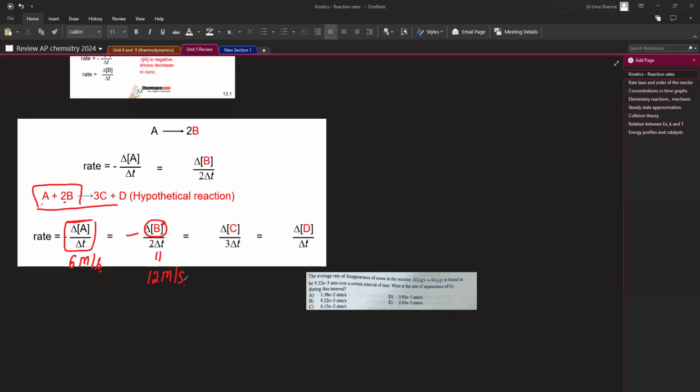Yes. Here also, if you take this 2 on the other side, you can see the coefficient 2 here. When I take this 2 on the other side, it will be 12. What is the rate of appearance of C? 18 molar per second. Start using units, Dhruv, otherwise you won't be able to practice it. Okay, molar per second. Yes, Rahul. And what about D? Yes, same.